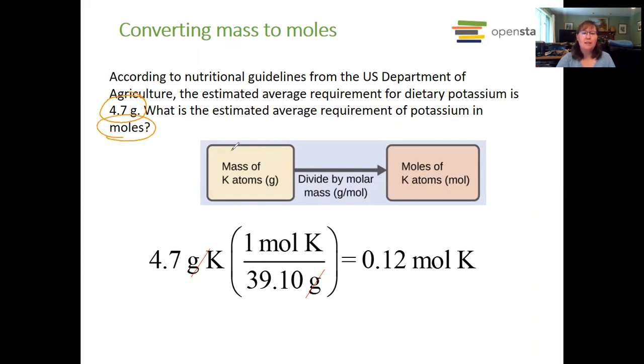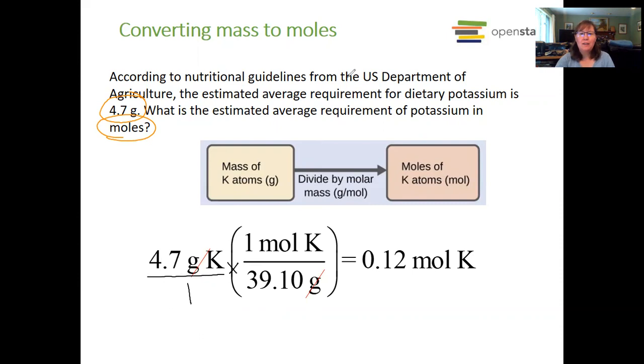So all this is just telling us that we are going from mass of potassium atoms to moles of potassium atoms. And the way we do that is with a dimensional analysis method. One thing students really like is the idea that this should be over 1 and this is times. That's just another way of writing it.